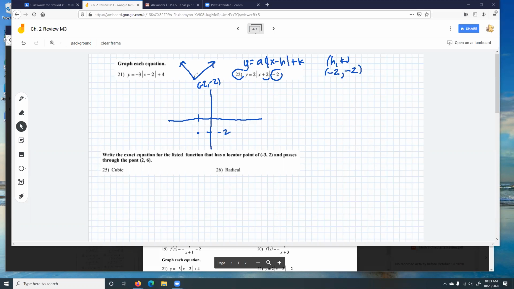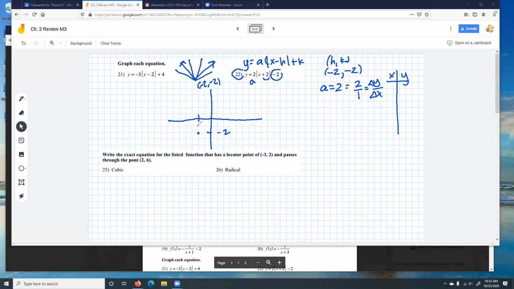Now, how narrow or how wide do I make this? That's what we need to determine, and that comes from your a value, right? You could make a table if you're not sure, but we don't need to, because the a value is your slope. My a value is 2 because it's out in front. A equals 2, that's your slope. 2 over 1 is your delta y over your delta x from Math 2, right?